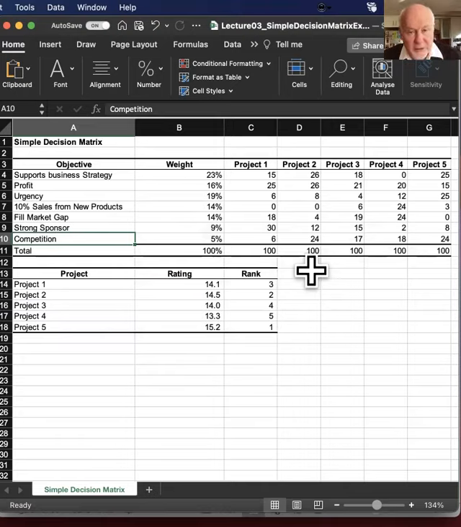So the scenario here is a company that wants to invest in some projects over the next year, and it has some objectives, and it wants to choose some number, maybe 1 or 2 or 3 projects, depending on its resources, that are the best choices. This is a very common scenario in which multi-criteria decision making is used.